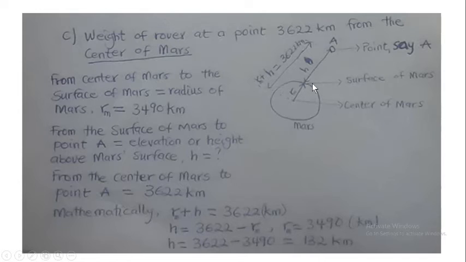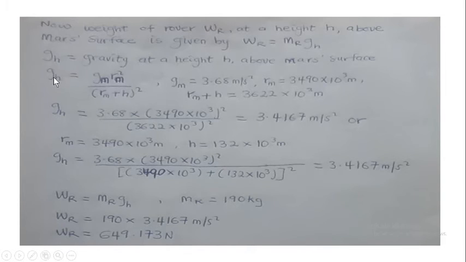And now we have to calculate the gravity at that height. Gravity at a height equals to 132 kilometers above Mars surface. And then when you do that, you know your gravity at a height above Mars surface to be equal to gravity on Mars times the radius of Mars squared all over the radius of Mars plus the elevation, 132 elevation, all squared.